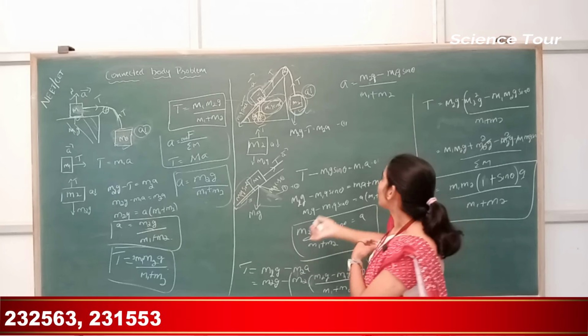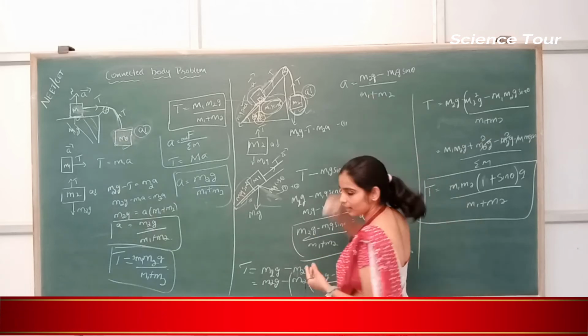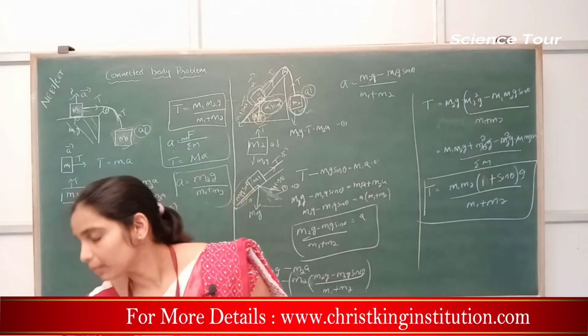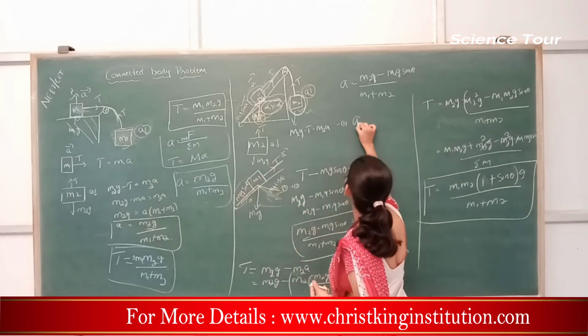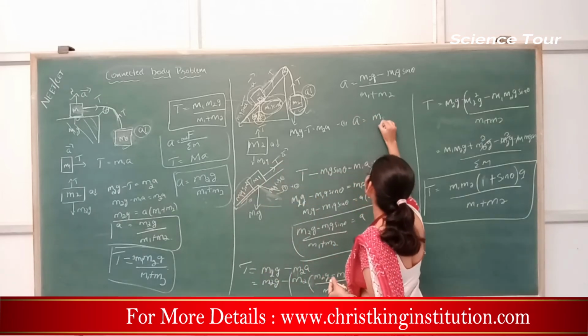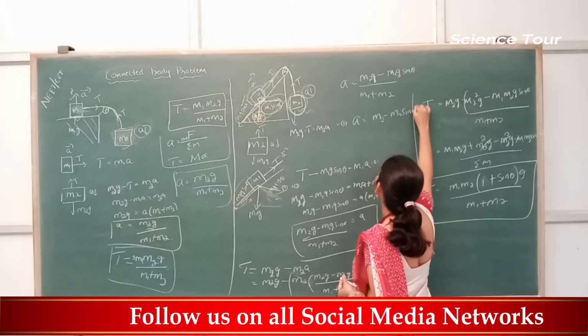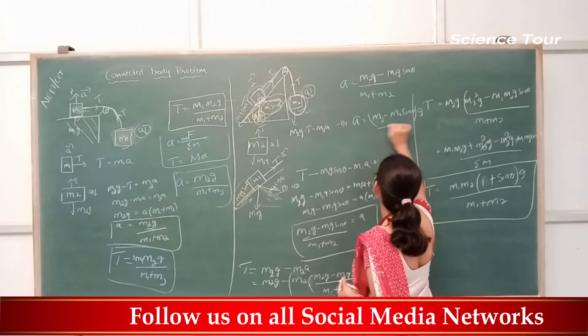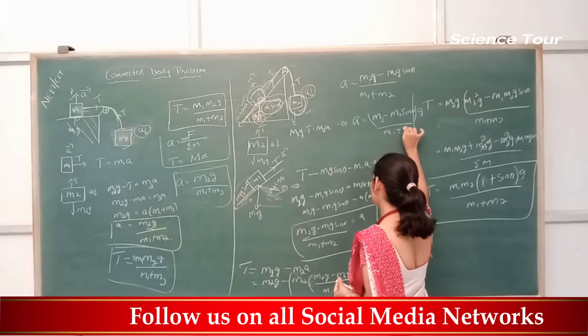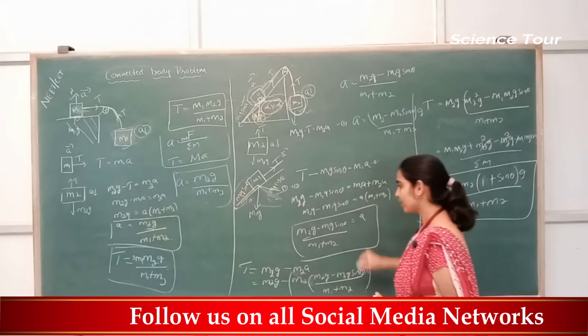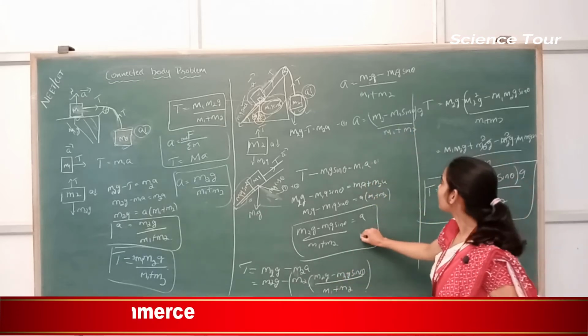Correct? Okay. Now how can I write this? Acceleration is equal to m2 minus m1 sin theta, into g, divided by m1 plus m2. Have I got the same answer? Correct.